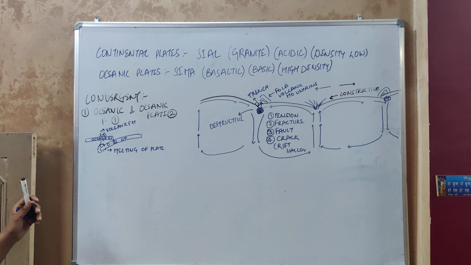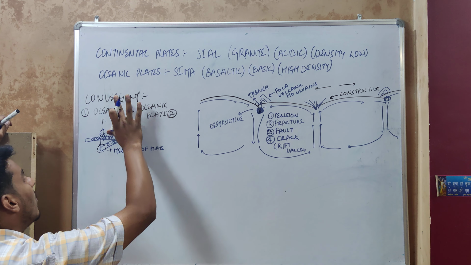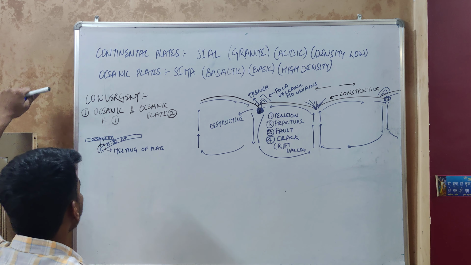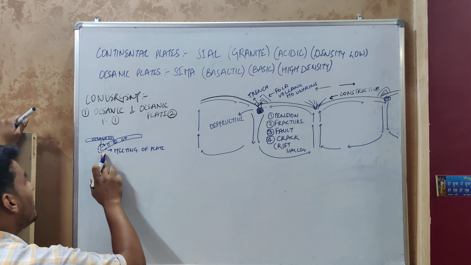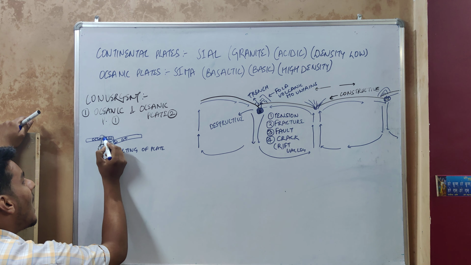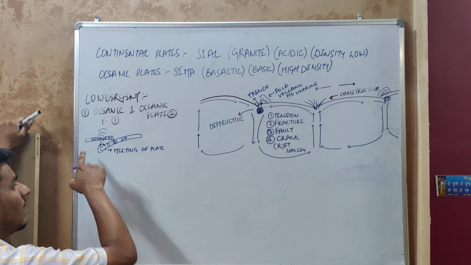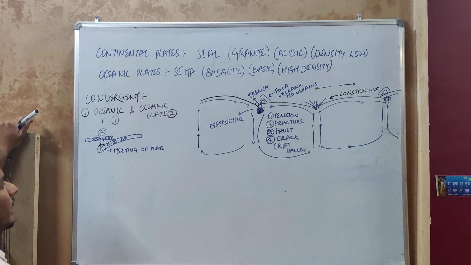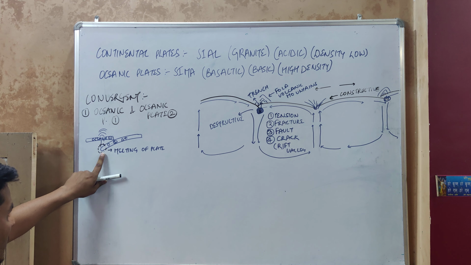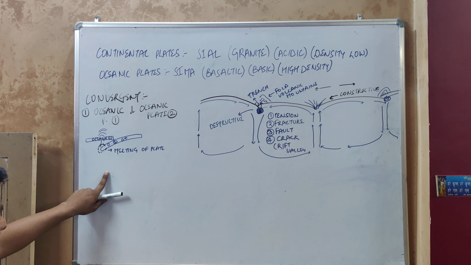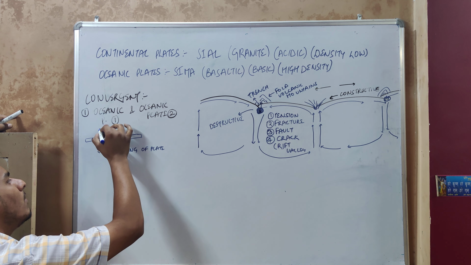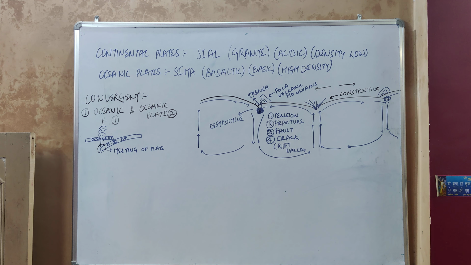Now understand, there will be no volcanic fold mountains here, because both are oceanic plates. When this part melts, it will create arcs, not mountains. I just forgot that I am talking about oceanic plate. It will create arcs. Alright. So when this plate melts down, this basaltic plate will be melted down in the asthenosphere, this part which is melted will come up and it will form volcanic arcs, like we have the Japanese arc, right?